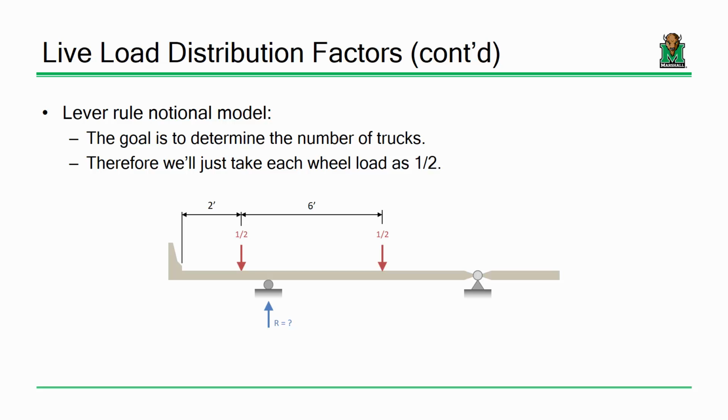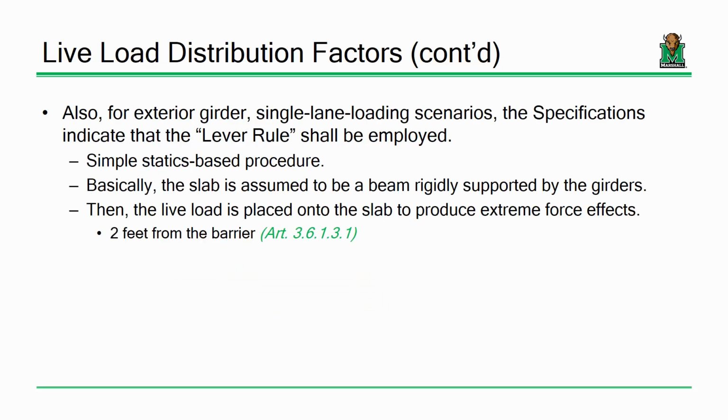Make sense? Now there are rules as to where you place that truck, and you can go to Article 3.6, which you all have, and I do suggest that you check into that. When you're trying to produce extreme effects, you want to take that truck and lump it as far over to the outside as you can, but you can't just lump it over the bridge.